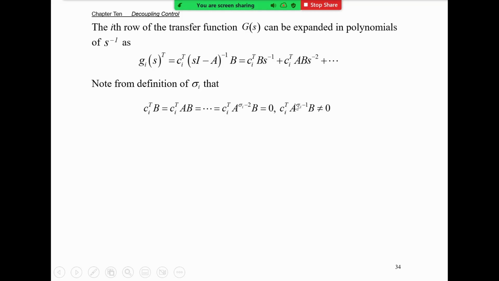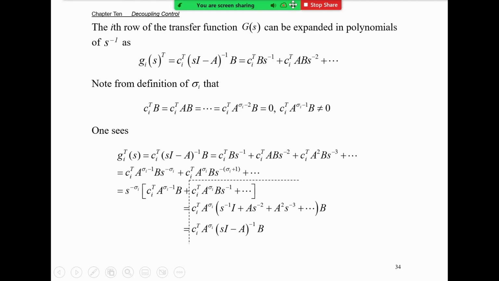Any terms below that, C times B, C A B, up to C times A to the power of sigma i minus 2 times B, all of them will be 0. That is the way we define the relative degree. So let's say the relative degree of this G i is sigma i, then this one will be written.